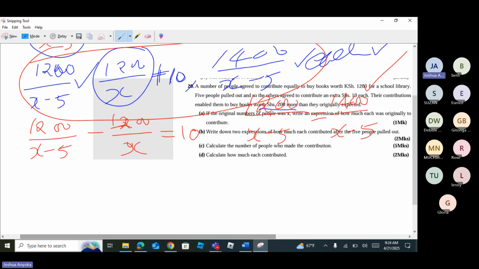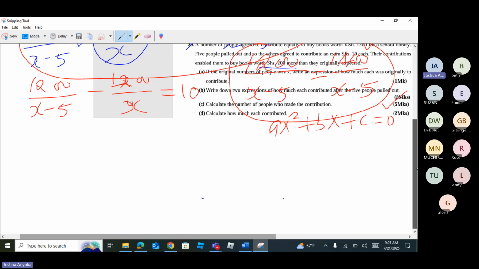Form an equation using this 1200 over x minus 5 is equal to 1400 over x minus 5. I want you to cross multiply and reduce until you get the equation in the form ax squared plus bx plus c is equal to 0. Itafutie hiyo simplified.